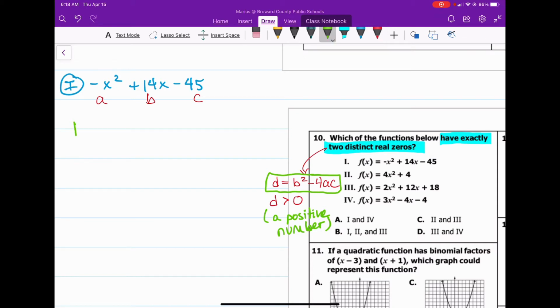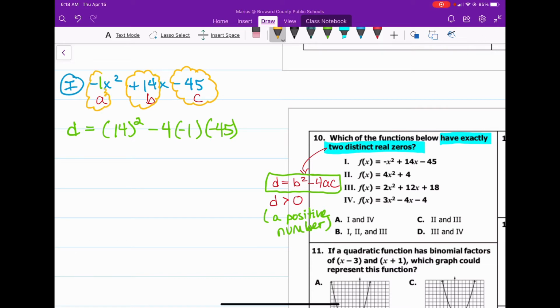So we have D equals b squared, which is positive 14, and then we square it, minus 4 times a times c. a is negative 1, and c is negative 45, okay? And just in case, there's the negative 45 for c, the positive 14 for b, and the negative 1 for a.